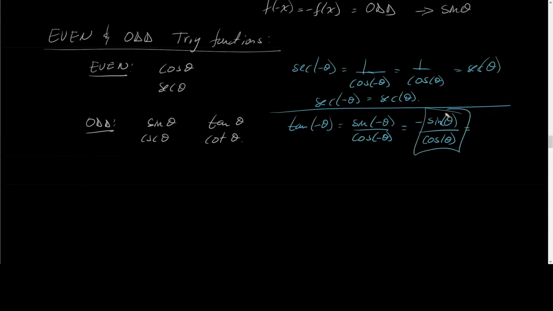So now I've got the negative of sine over cosine. Sine over cosine is tangent, so I have the negative of tan theta, which means I've just proved that the tangent of negative theta is negative tan theta, which means it's odd. The proof for cotangent is very similar to this. So the idea here is that we can use these kinds of properties to determine some values.